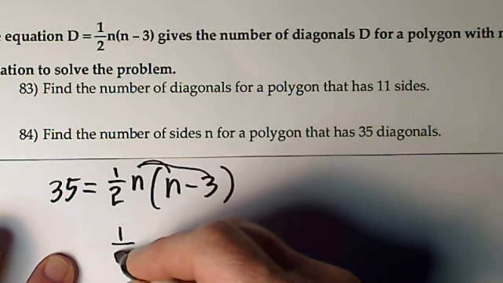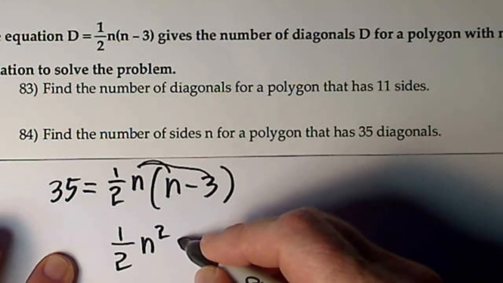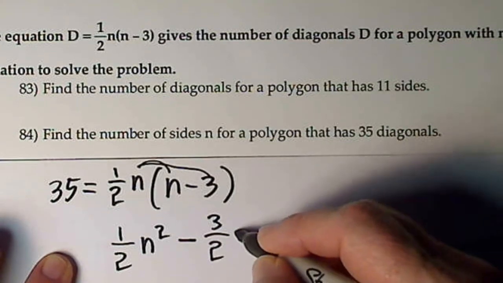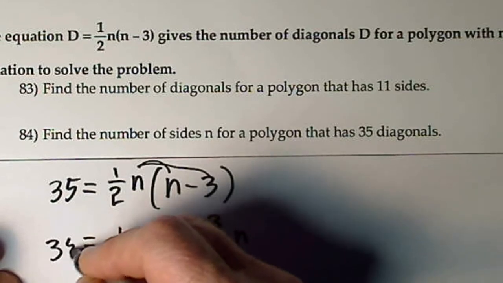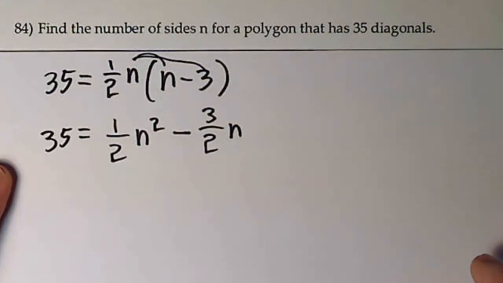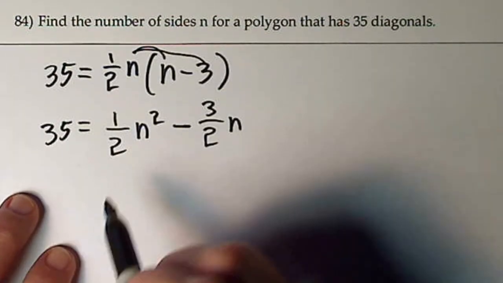That'll give me 1/2 n squared minus 3/2 n equals 35. And we want this equal to 0, especially because we have the n squared, okay? I'll have to slide this up some. I have some guinea hens out there a little bit upset about the math.